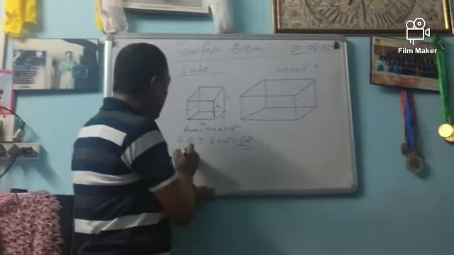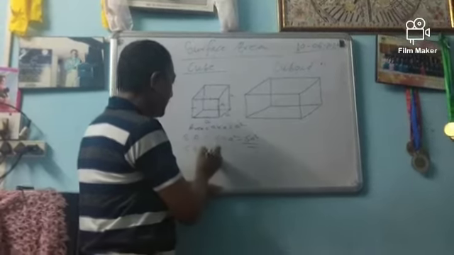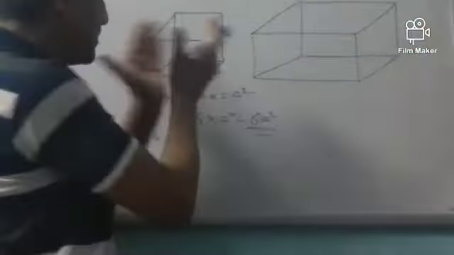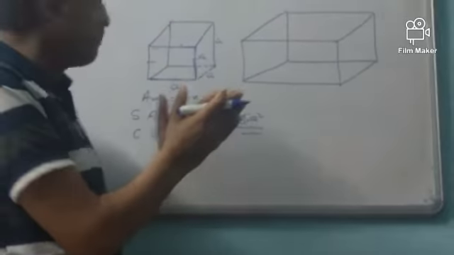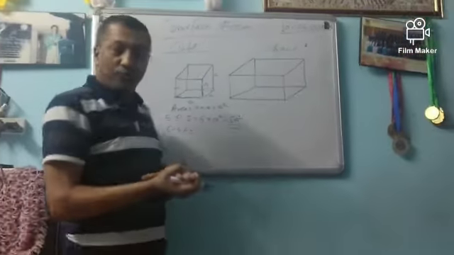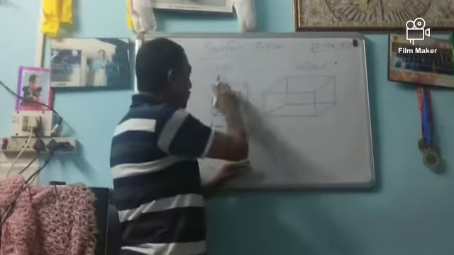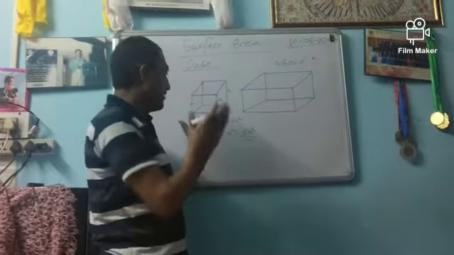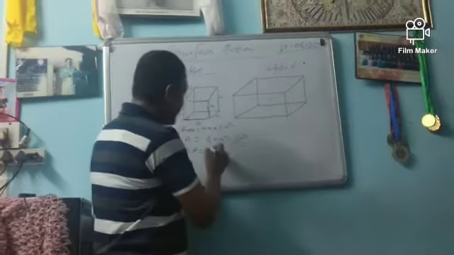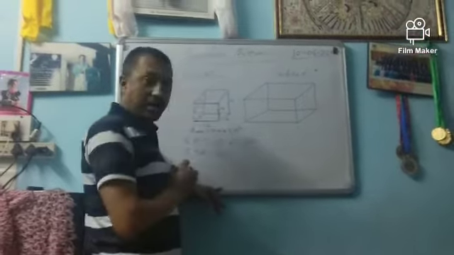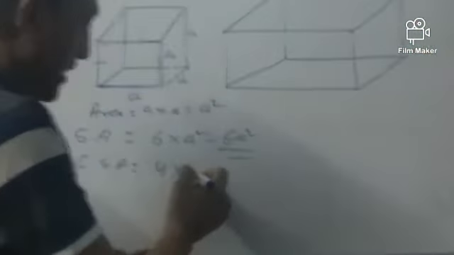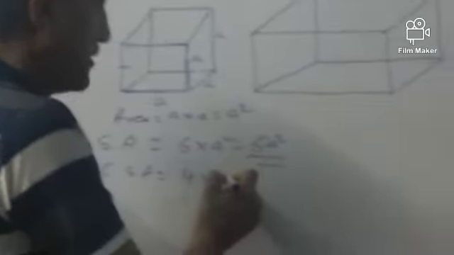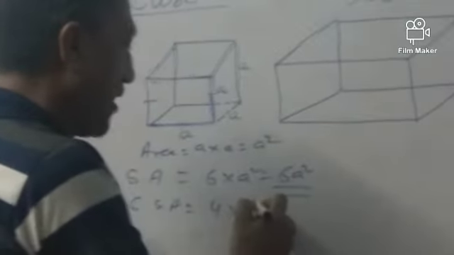Similarly, when we see the curved surface area, that is the lateral part, only 4 parts are there. So in the 4 parts, that means 4 squares, and the area of each square is A square.